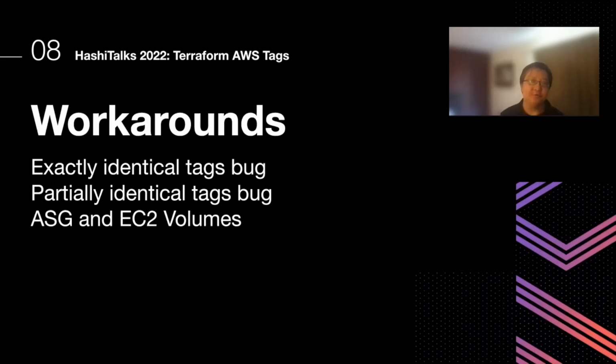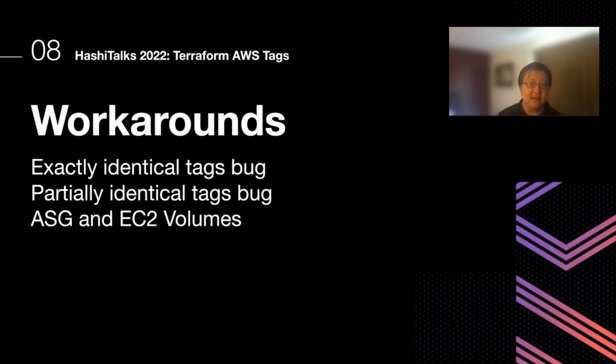Second workaround is the partially identical tags, where the tags on your resource partially match what is in the default tags, right? It's a superset of the default tags. So again, the workaround is you have to remove the duplicate tags in the individual resources, or else you're going to keep getting this annoying plan refresh, false positive of plan changes over and over.